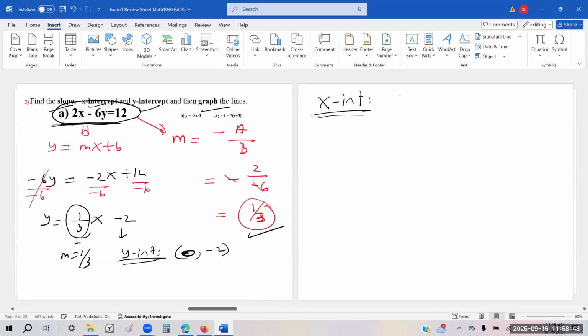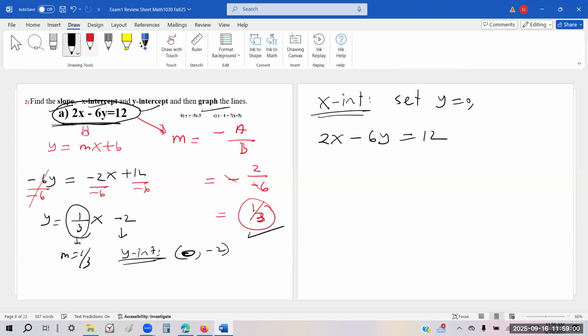X-intercept. Yes. Y is 0. So this becomes 0.